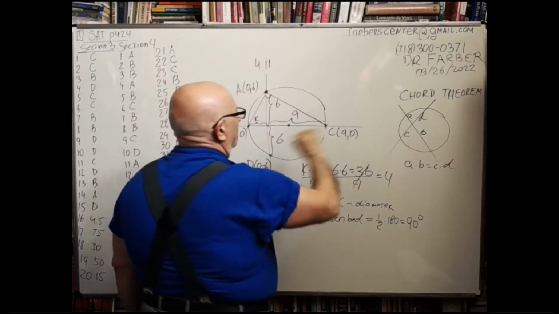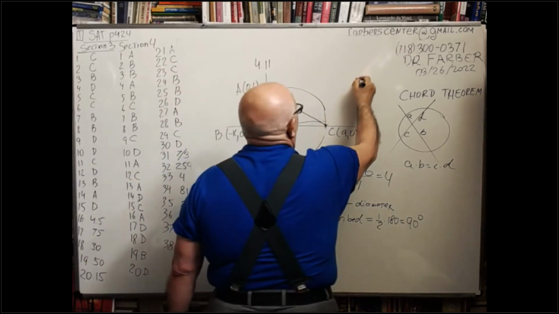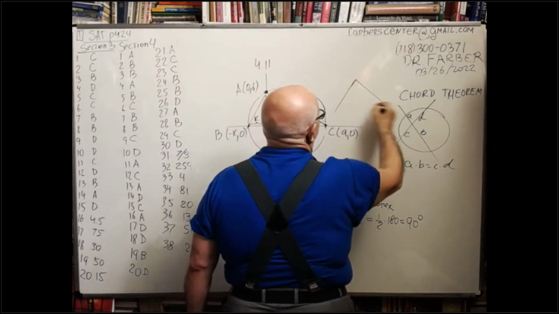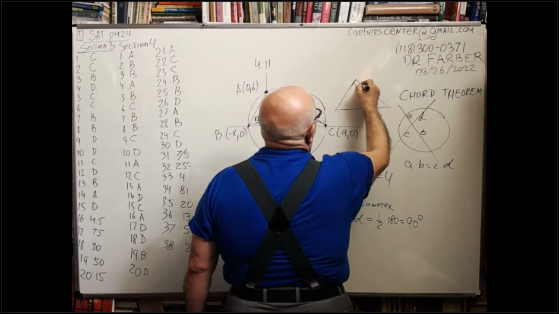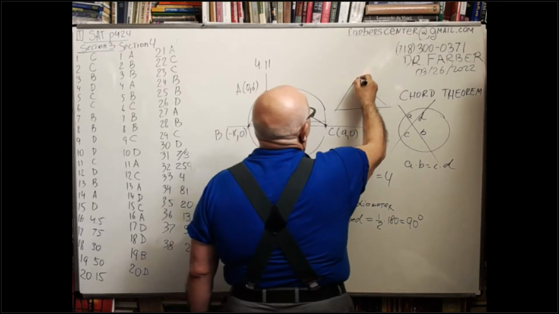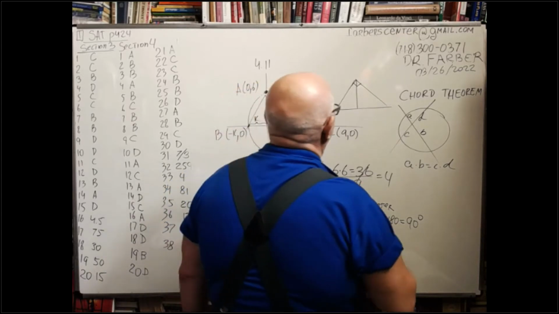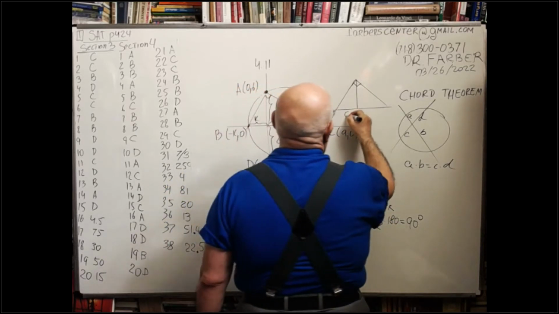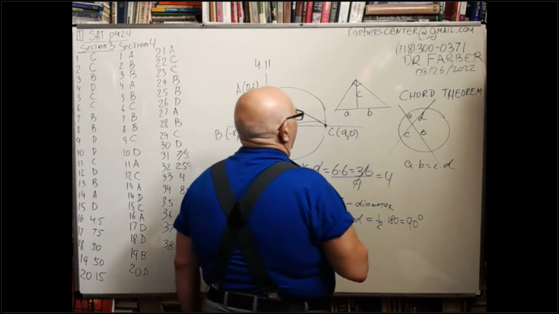Now forget about this circle. We did it tons of times. If you have a triangle, pretend this is a triangle. Not a triangle, just a right triangle. I just proved this is a right triangle. And we have an altitude to the opposite side. Okay. And this is A, B, and C. And you have a theorem.